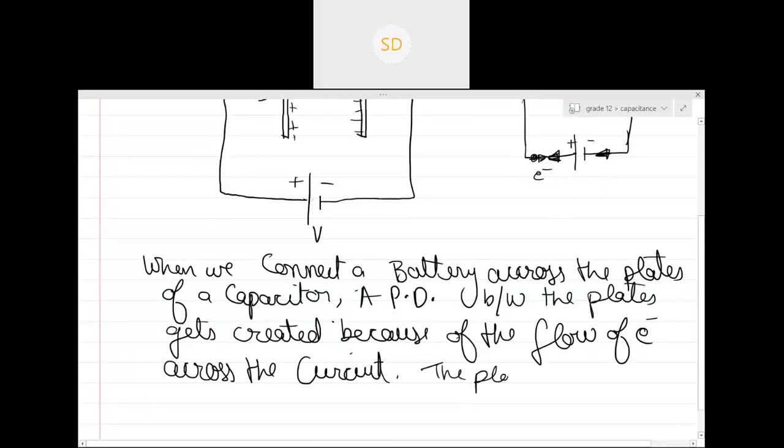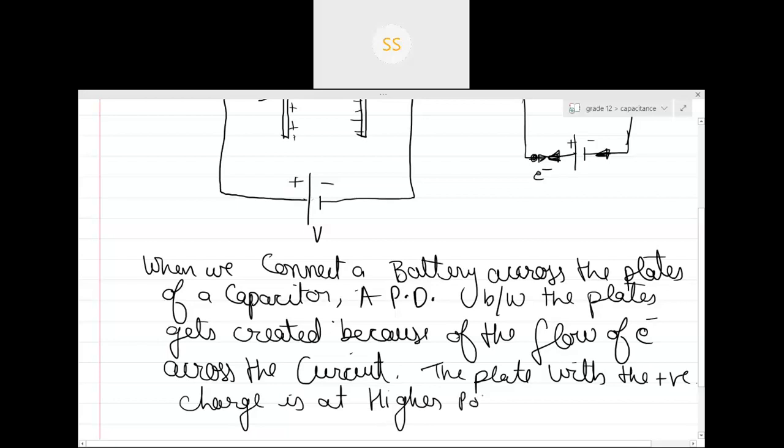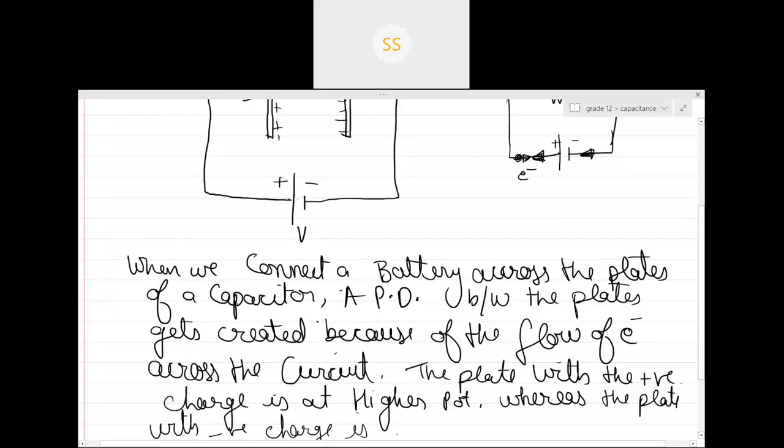The plate with the positive charge is at higher potential, whereas the plate with negative charge is at lower potential.